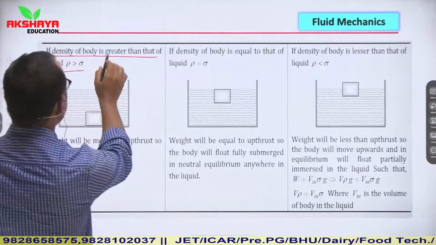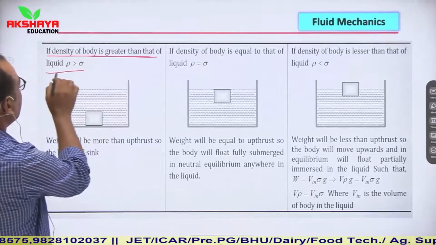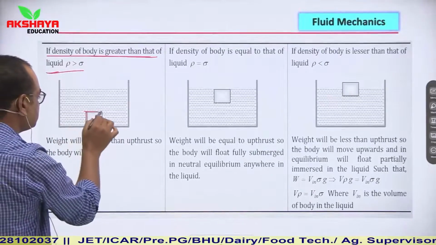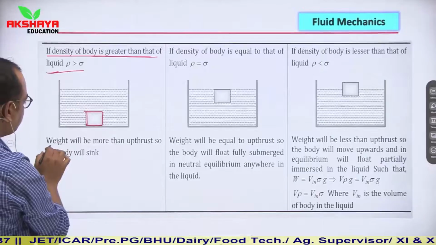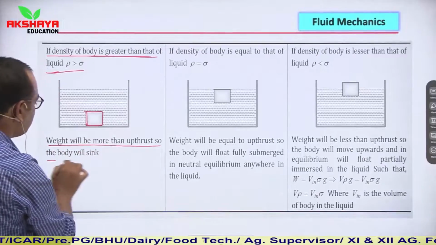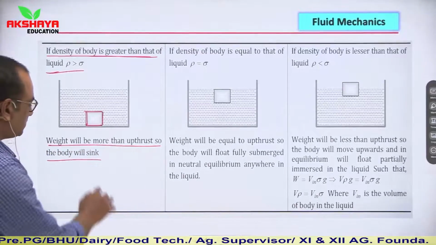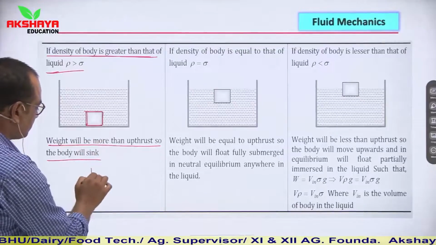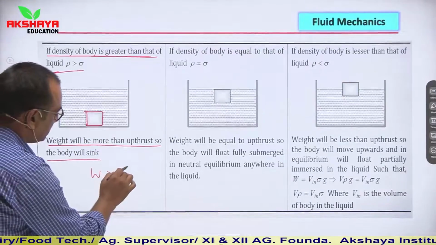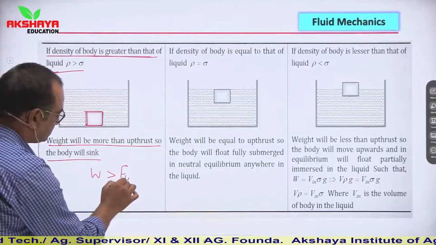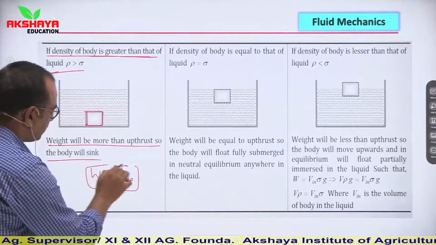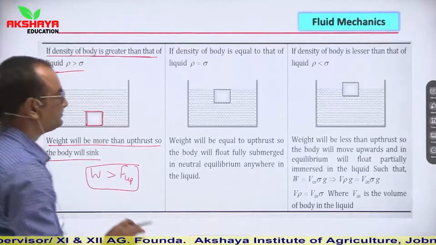So if the density of the body is greater than the liquid, then it will sink. It means the weight will be more than the upthrust, so the body will sink. Weight is greater than the upthrust force. So if weight is greater, then it will sink.